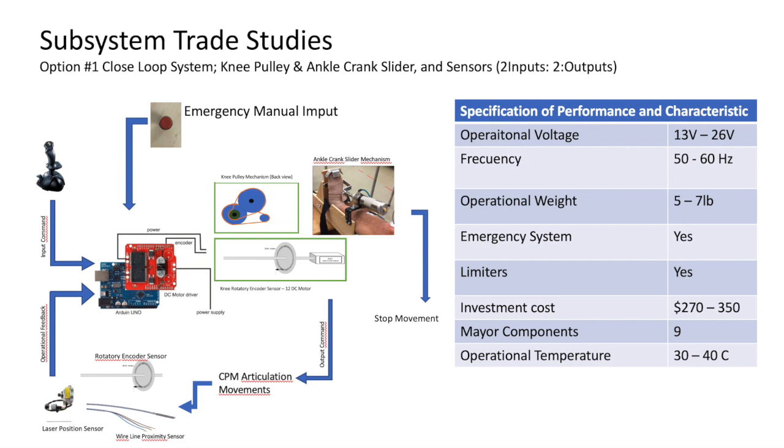Emergency systems: there is an emergency system. There is a limiter system. The investment cost is $270 to $350. The system is composed of 9 major components and has an operational temperature of 30 to 40 degrees Celsius.